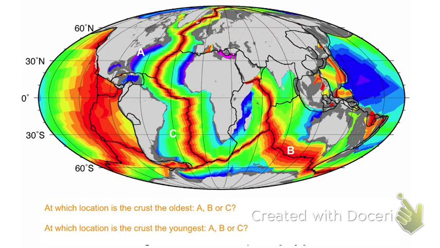So where would it be the oldest, A, B, or C? Well, it's going to be the oldest the further you get away from the ridge, because it's brand new at the ridge, so A here is the furthest away. That's going to be the oldest. And the youngest would be B, because it's right next to the ridge, where the brand new crust is being created.